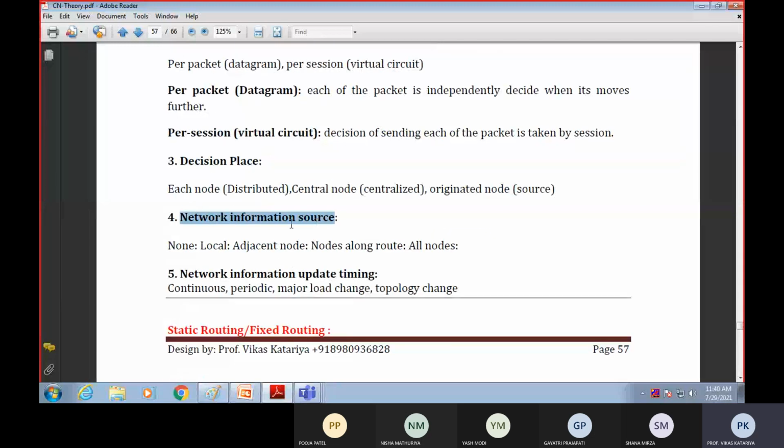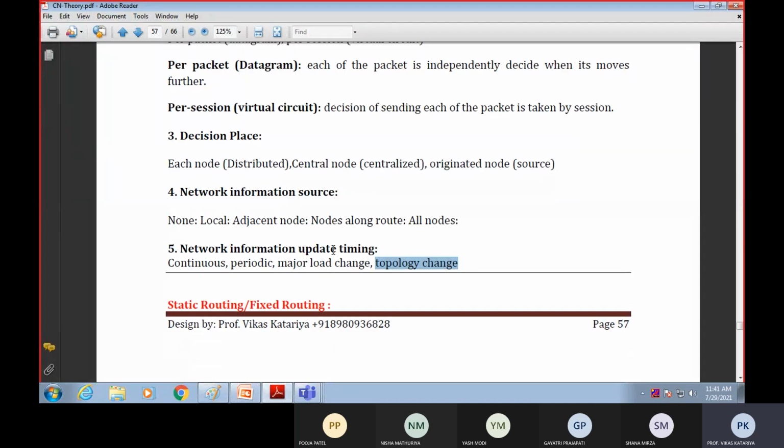Sharing information about the network can be none, local, adjacent node, nodes along the route, or all nodes. And if you want network information updates according to time, it may be continuous, periodic, major load change, or topology change. In this way, we have to update the network information.